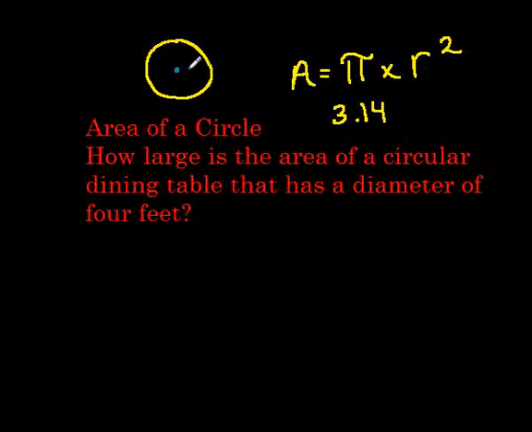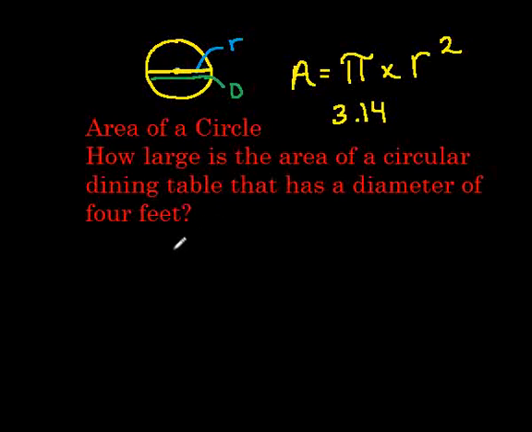If I find the center of a circle, the radius is the distance from the center to the outer edge. We don't want to confuse that with the diameter, which is the whole distance across, d for diameter. Two radii going in opposite directions make 1 diameter. Keep that in mind as we go.